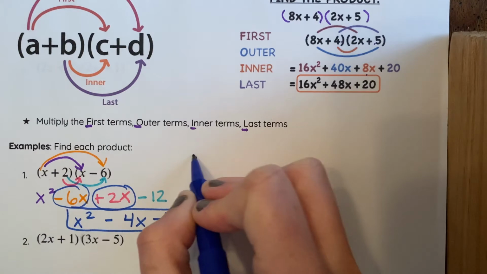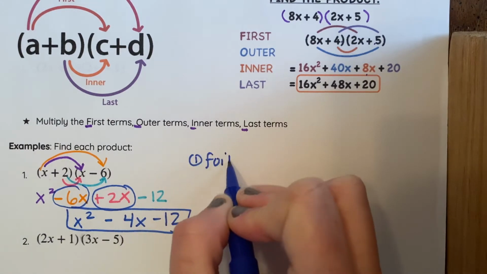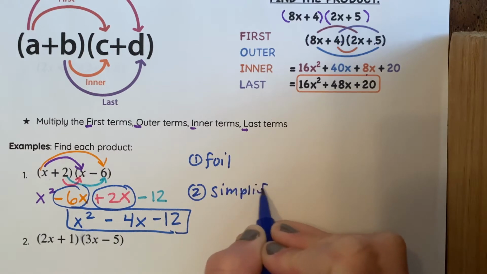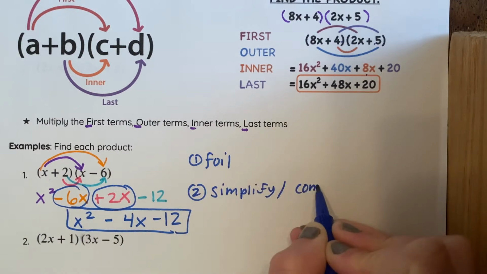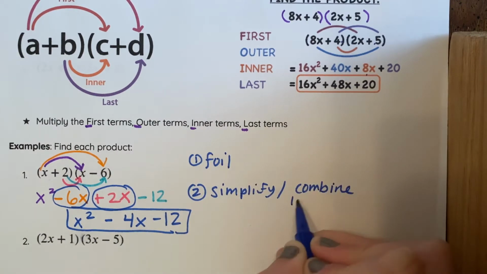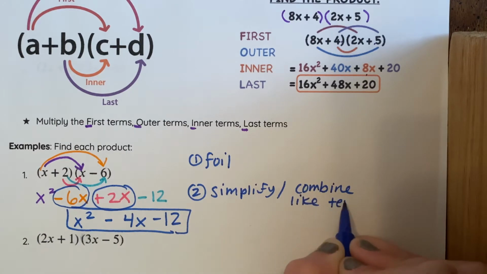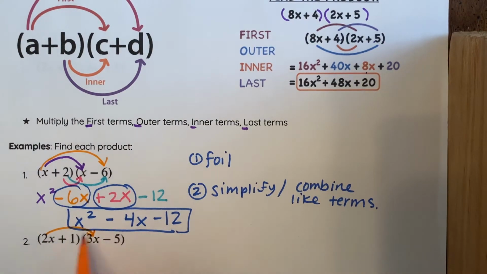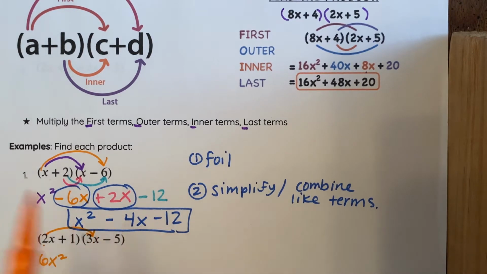So here's our FOIL step up here. And then we simplify, combine like terms. All right, so let's move on to the second one. So 2x times 3x. So 2 times 3 is 6, and then x times x is x squared. Then we go to the next one.